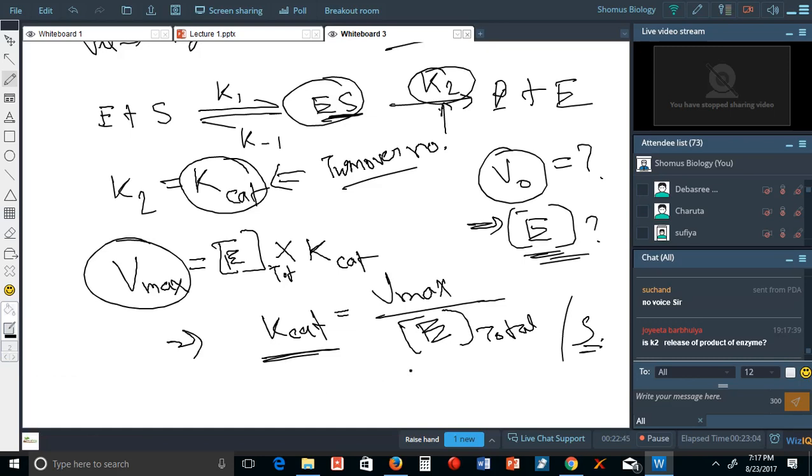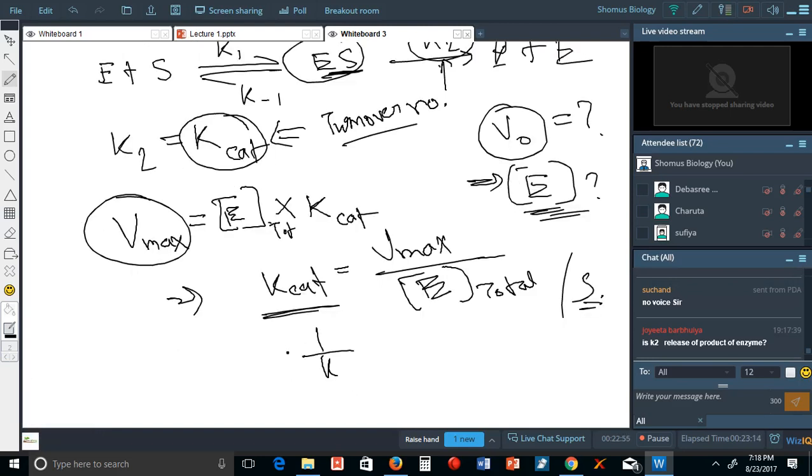Now another thing: if we know that Kcat is Vmax by ET, then what can we say the inverse of Kcat, that is 1 by Kcat, equals? The total time taken for the enzyme to convert one substrate molecule to one product.